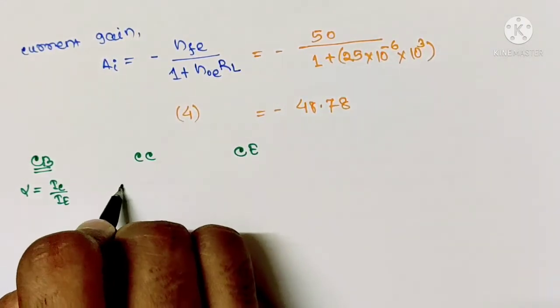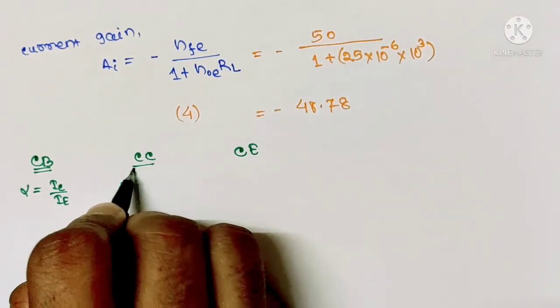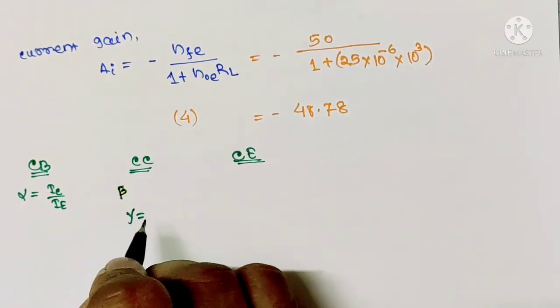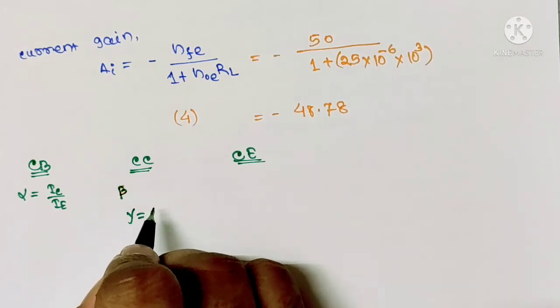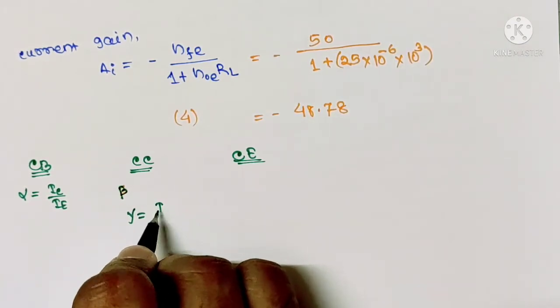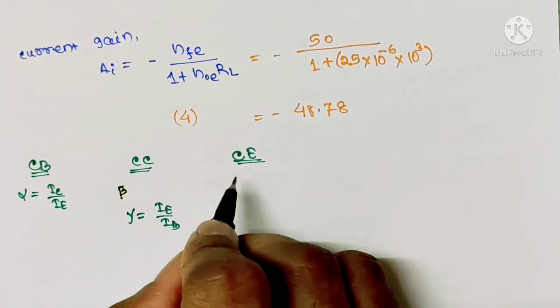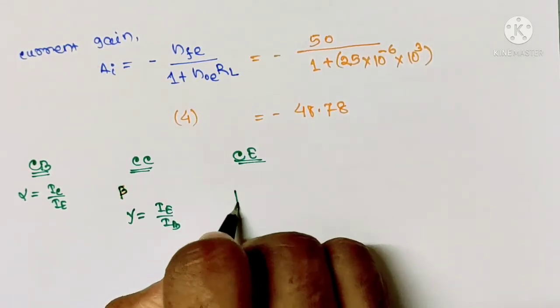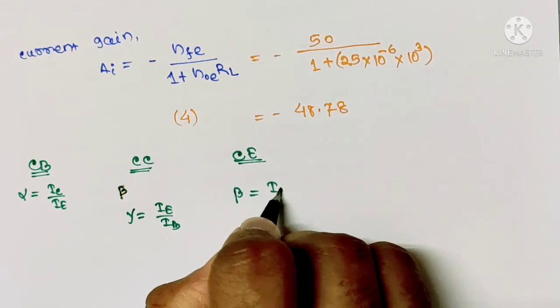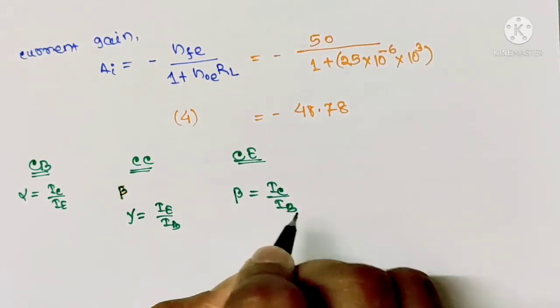Current gain in common collector, gamma equals IE by IB, and current gain in common emitter, that is beta, equals IC by IB.